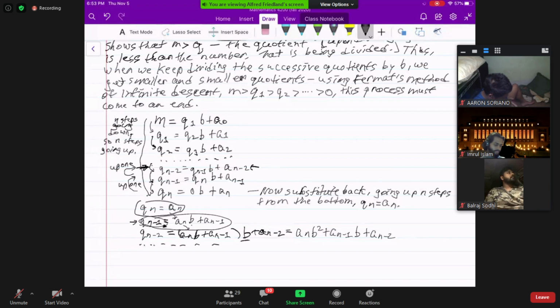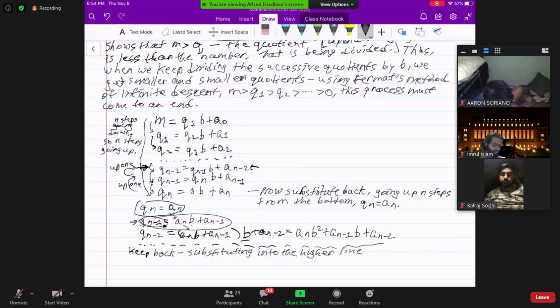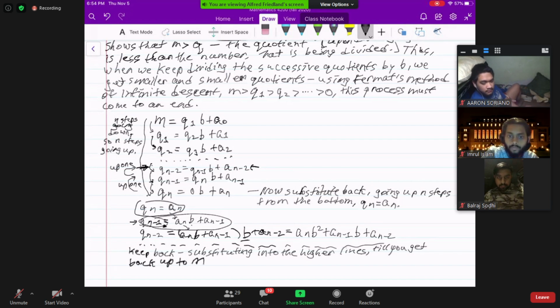And keep back substituting into the higher lines till you get back up to m.